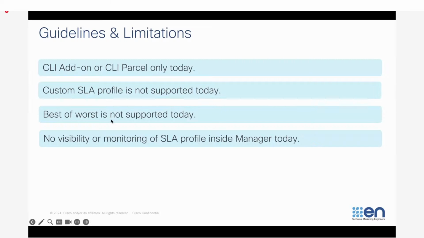These are all the items that are on the radar or roadmap. Currently the monitoring is only through the CLI. We are adding support for these items. So just so you know, these are current limitations or guidelines.